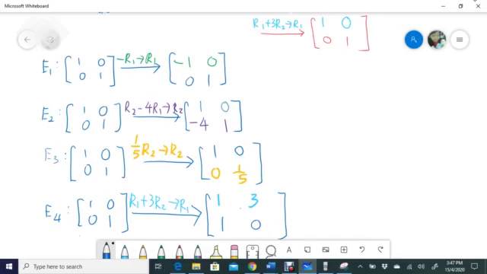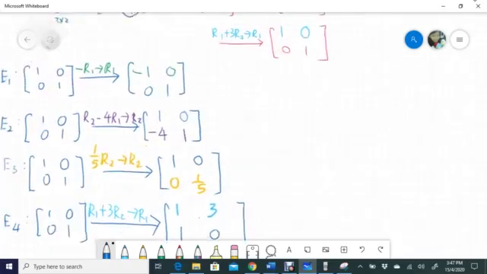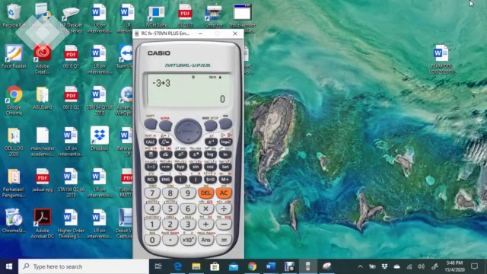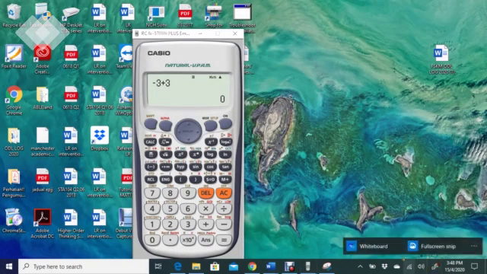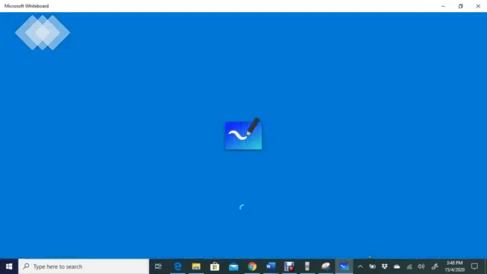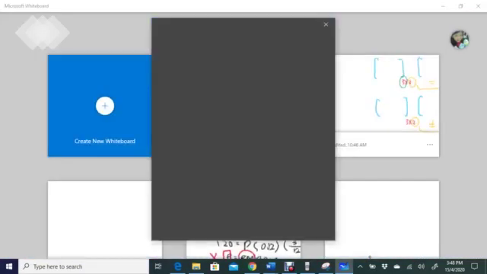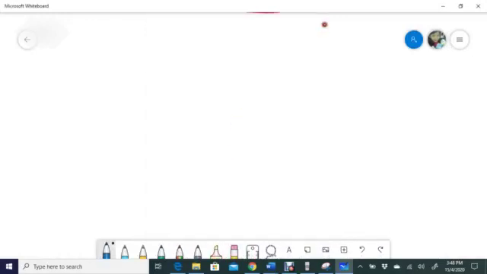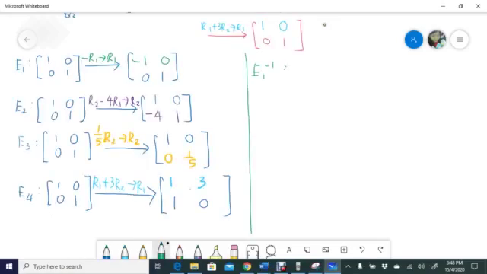Okay, good. So from here, what will be your E inverse then? How do you find the inverse for each of the elementary matrices?